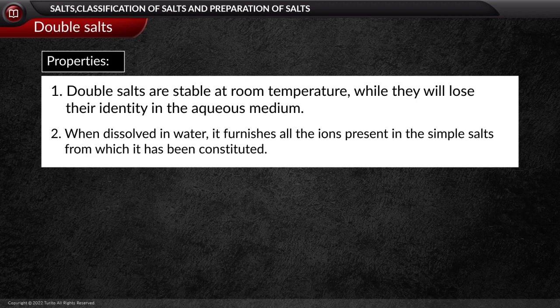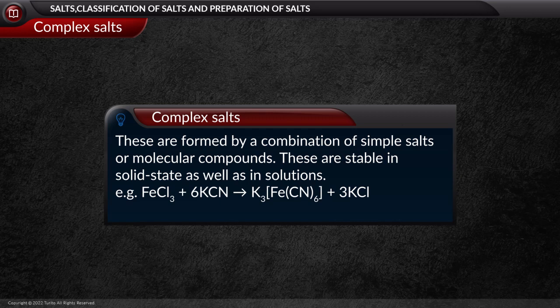Later, we must see about complex salts. These are formed by a combination of simple salts or molecular compounds. These are stable in solid state as well as in solutions. For example, when ferric chloride reacts with potassium cyanide, it forms potassium chloride and a complex salt named potassium ferricyanide.